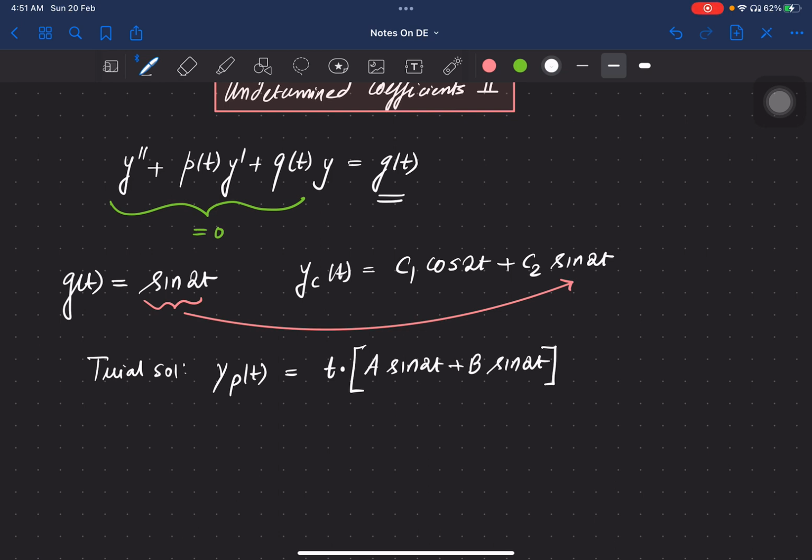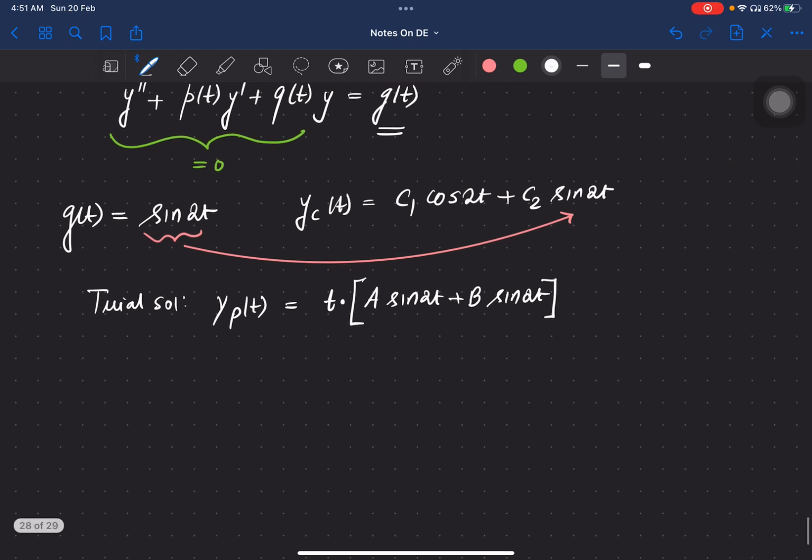It may also happen that the number of times the solution occurs is more than once. Here sine 2t occurs only once. But suppose you have a differential equation where g of t is e power t, and also the solution of the homogeneous part contains e power t.